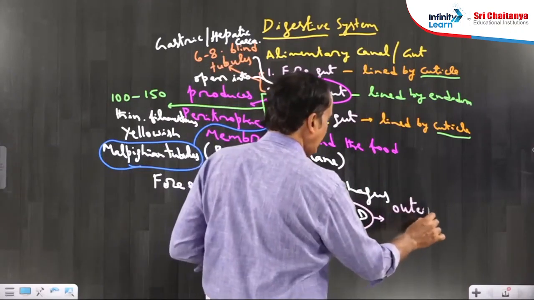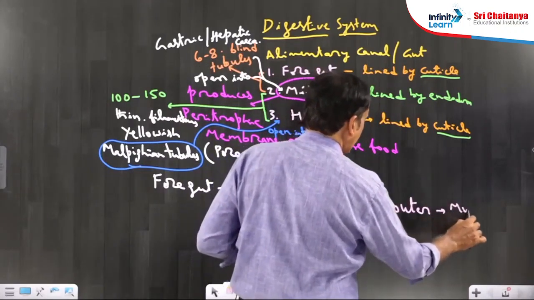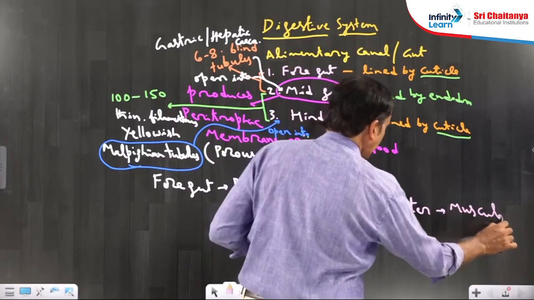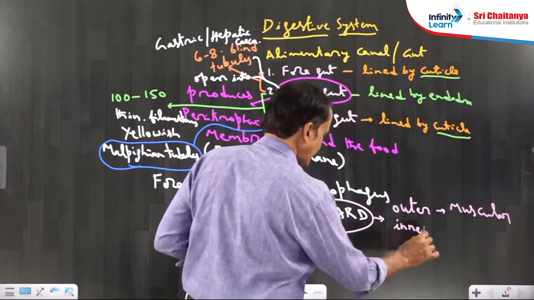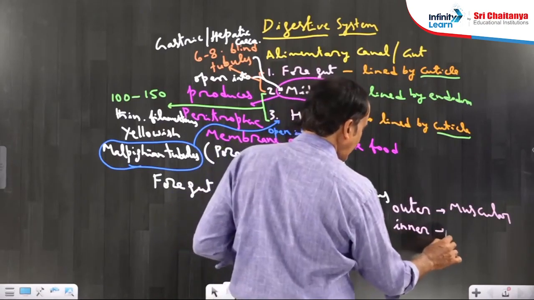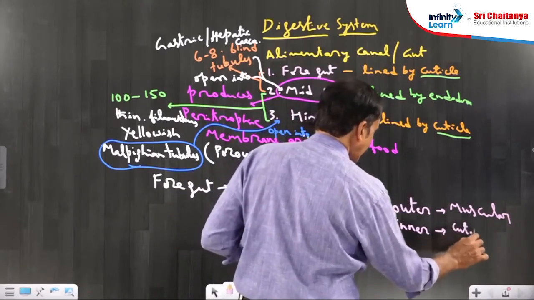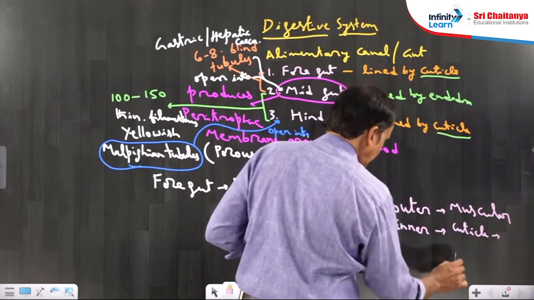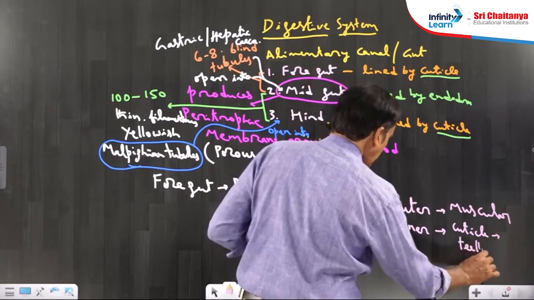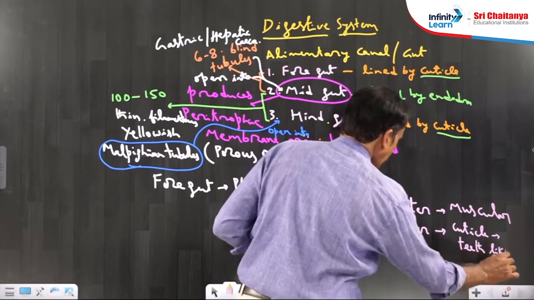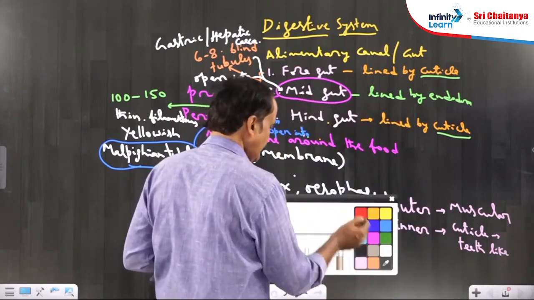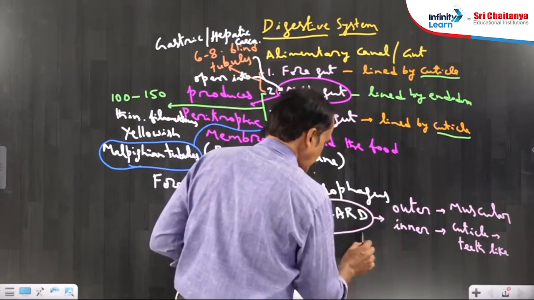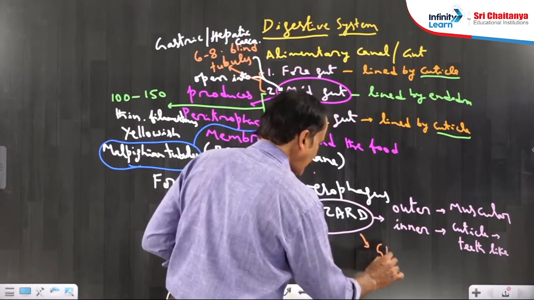That cuticle is projected into teeth-like structures which help in grinding the food material. So the gizzard acts as a grinding mill.